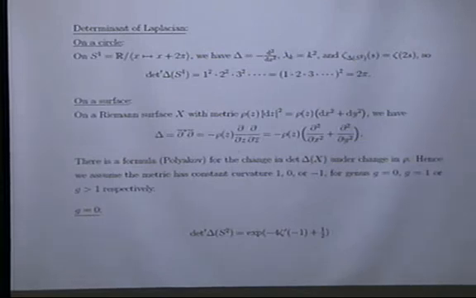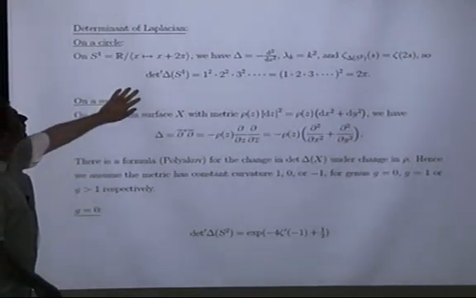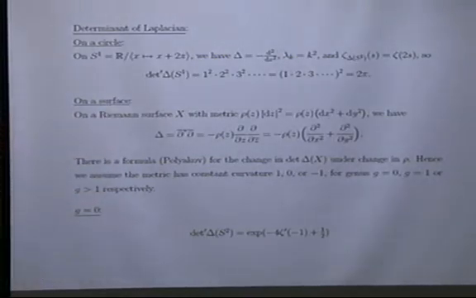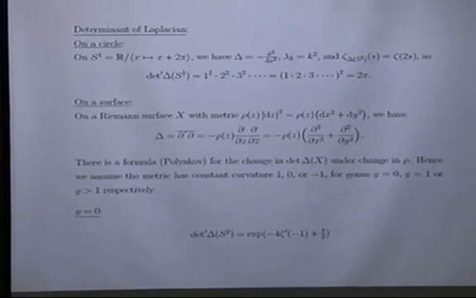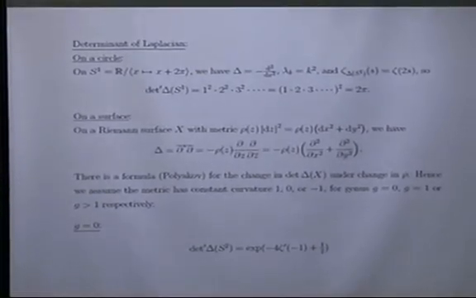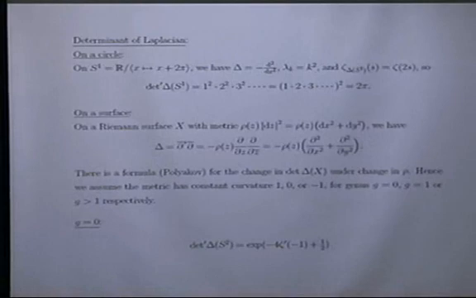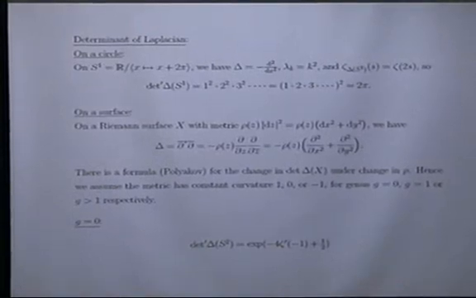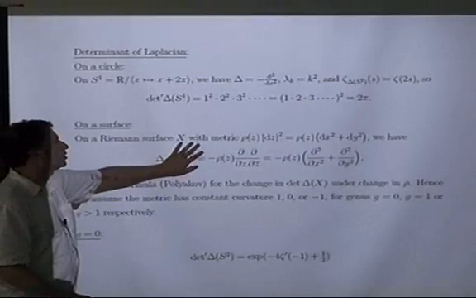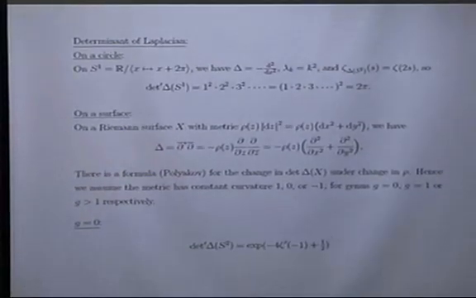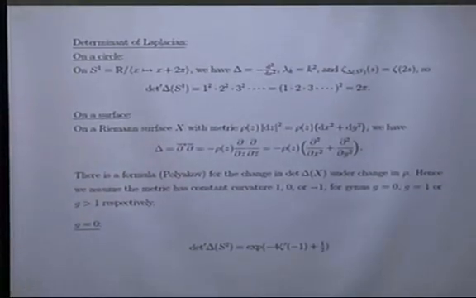So then a trivial case, I guess, is on the circle, where we can write down the eigenvalues explicitly. The next harder case is on a surface. If we take a conformal structure in the equivalence class of the metric, the change within a conformal class is fairly well understood.